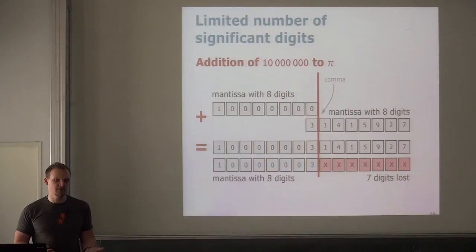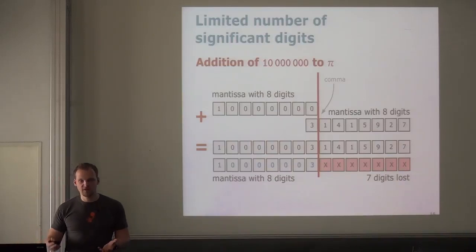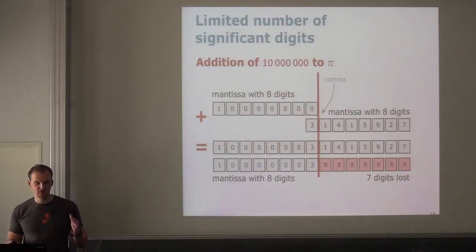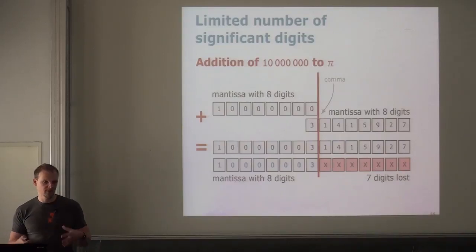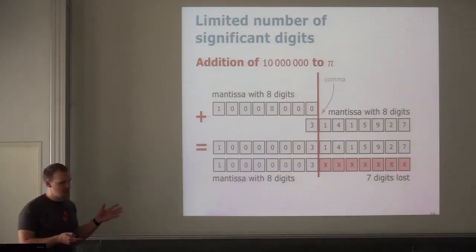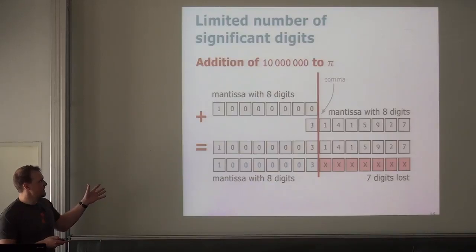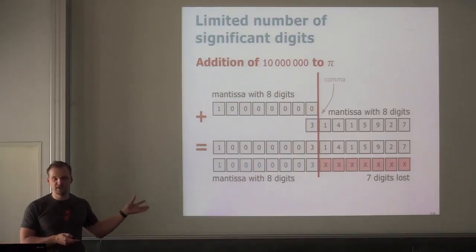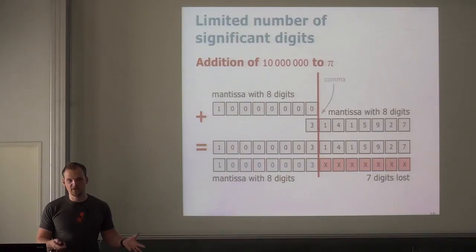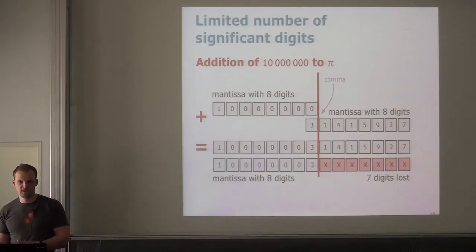But we cannot hold 15 significant numbers in a float. So the only way is to drop numbers from the right. In the end, if we add pi to 10 million, we will get 10 million 3 and not 10 million 314.